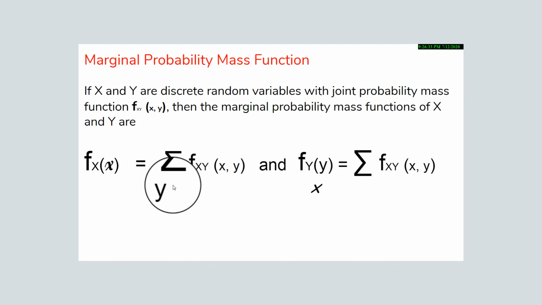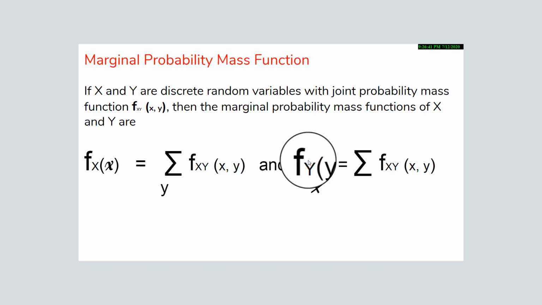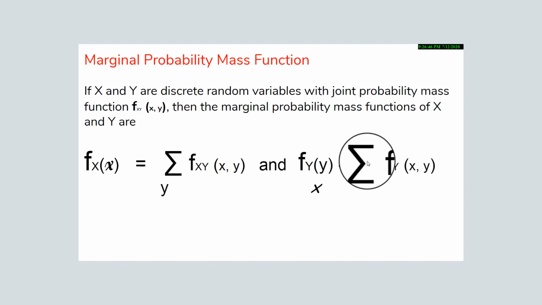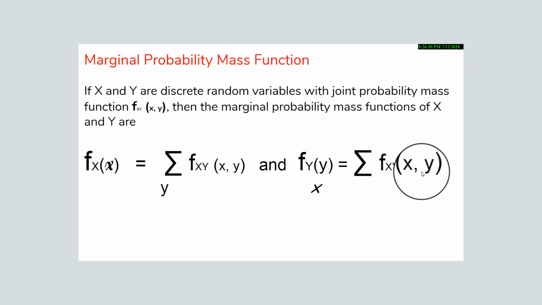Over here you can see that when you talk about the marginal function of x, you are considering the summation over y. Now when we consider f of y, which is equal to summation over x of f of x comma y, when we take y, we need to consider the summation over x. We shall be seeing problems related to it.